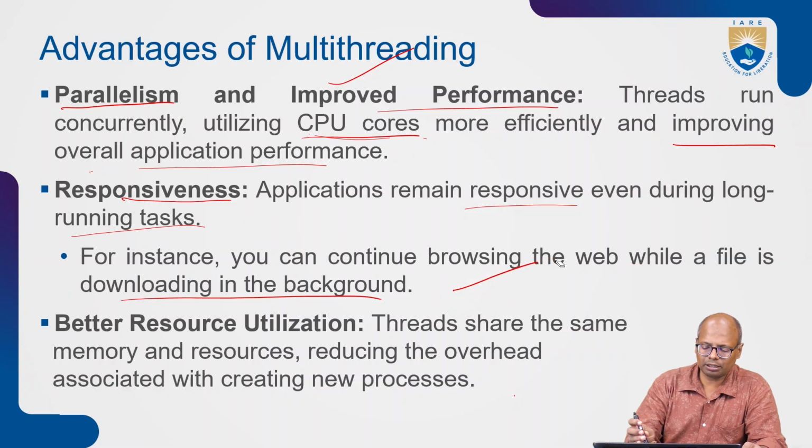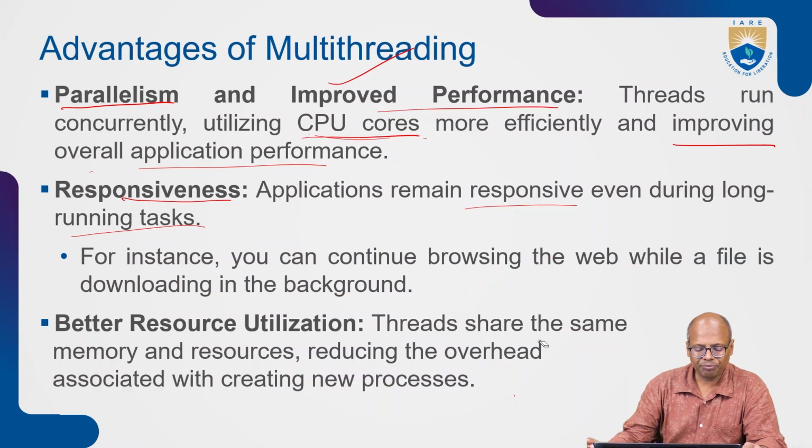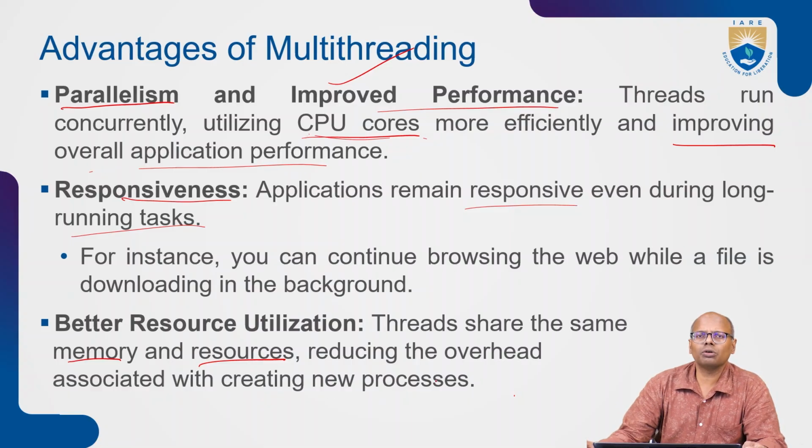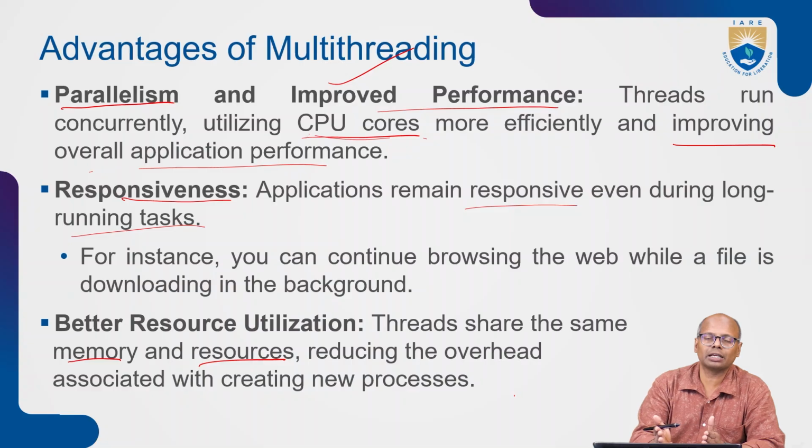Next, as already said, better resource utilization. The threads share the same memory and resources, reducing the overhead associated with creating new processes. When I'm using multi-threading, all these three threads are going to share the memory that is required.